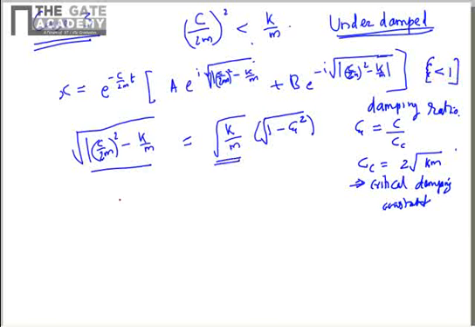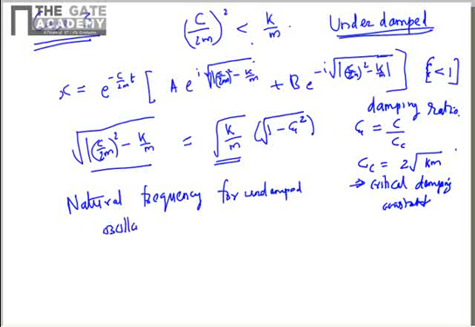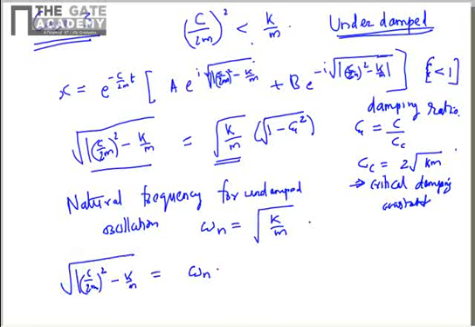Now, this expression square root of k by m, if you recall the natural frequency expression for the undamped oscillation, or free vibration, the natural frequency omega n was square root of k by m. So this value again you can substitute here. This expression inside the square root becomes omega n multiplied by square root of 1 minus ζ square.